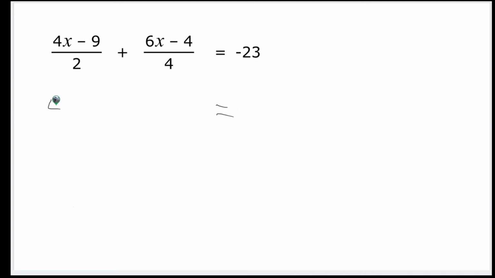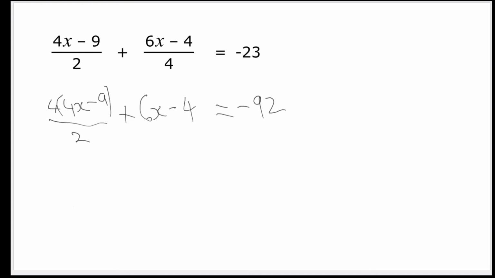Because I've got two terms there, I'm going to put them in brackets, which I'm going to remove in the next step. And the whole point of timesing by 4 was to get rid of that fraction. It's important, remember, to multiply the minus 23 by 4 as well.